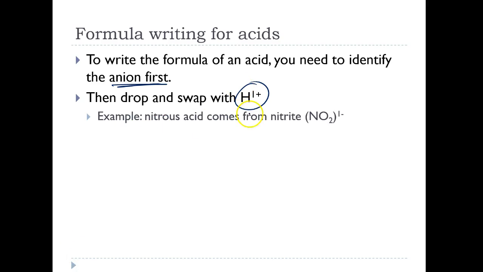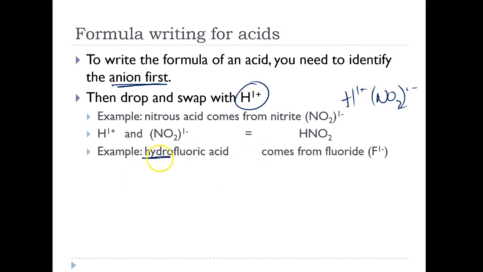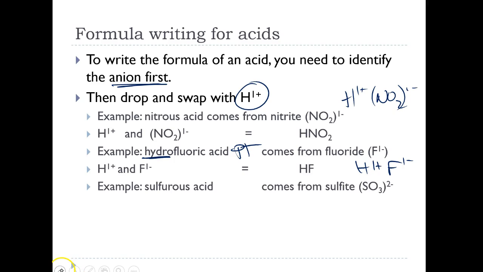Okay, so nitrous acid I recognize comes from nitrite, so I'm going to drop and swap with that. Okay, so drop and swap, you get HNO2. Hydrofluoric acid, I recognize this, and that tells me it has to be on the periodic table, so I'm going to drop and swap with those two, HF.